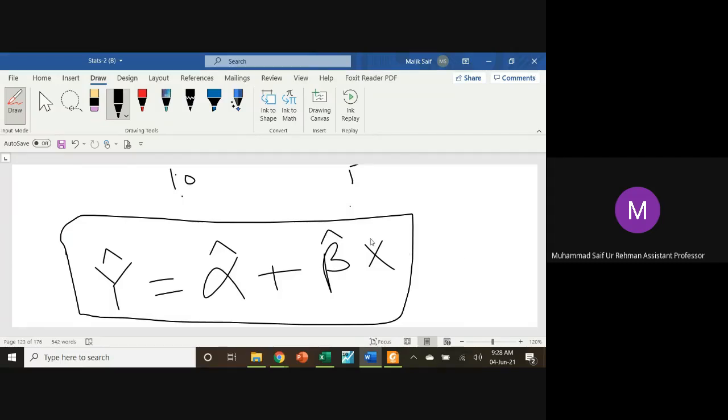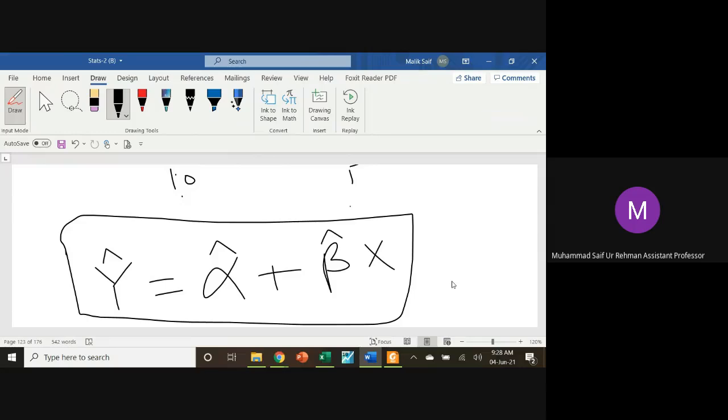If only one variable is in consideration, say this is the consumption level of the people, what will be the value for the GDP? Or if this is the investment level, then what will be the value for y hat, the predicted GDP?